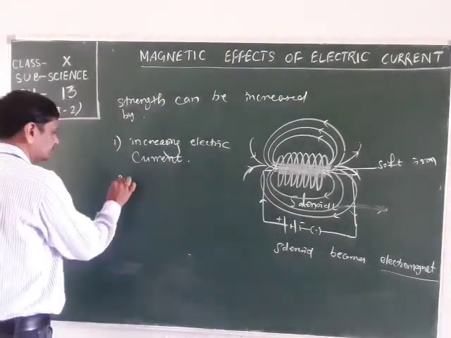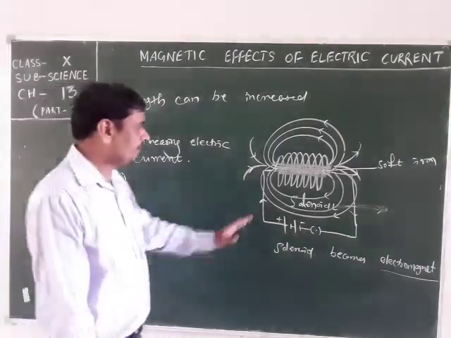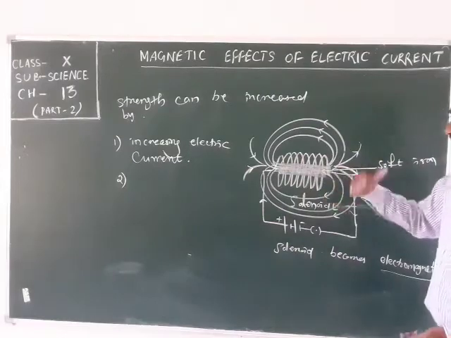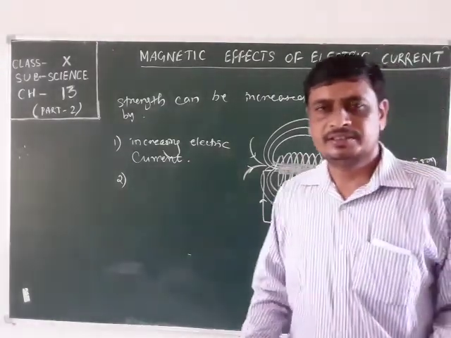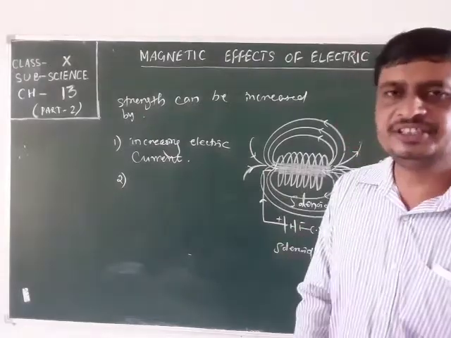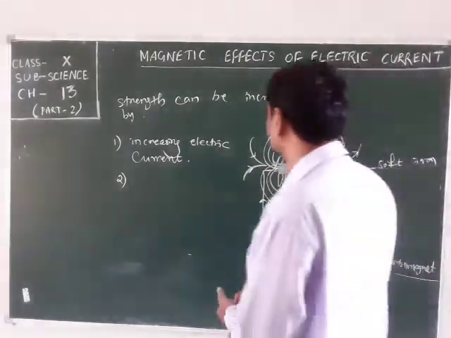Second, if the turns of copper wire increase, then the strength of the magnetic field can also be increased.